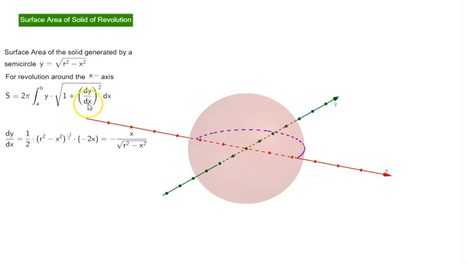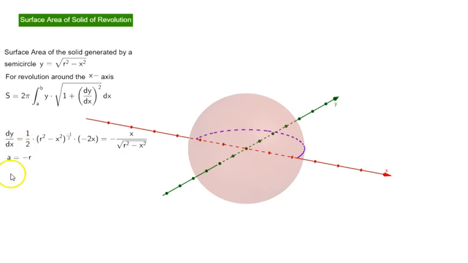Now here we require dy by dx. So let's differentiate y. So dy by dx is equal to 1 by 2 times r square minus x square to the power of minus half times minus 2x. Simplifying it, we get minus x by square root of r square minus x square.